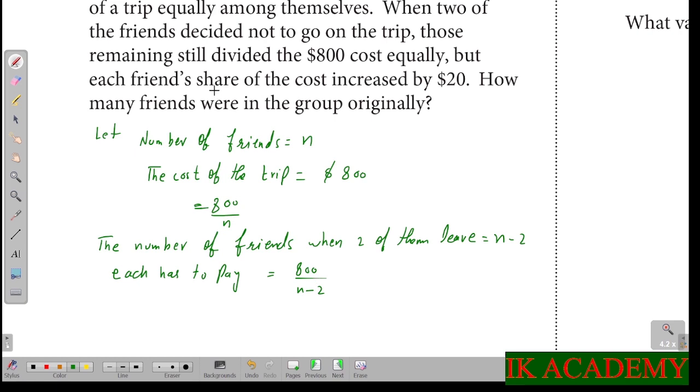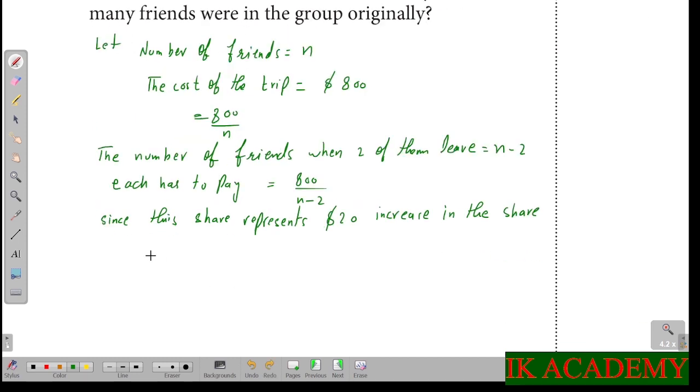And it was given that each friend's share of the cost increased by $20. So since this represents a $20 increase in the share, we will add $20 to the original amount when all of them were going.